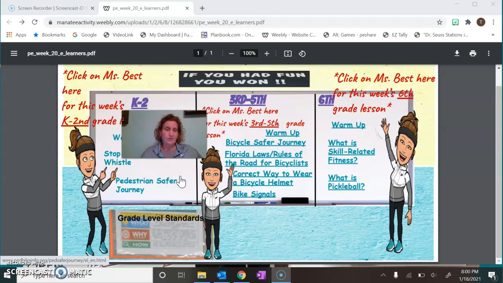If you need to go back, if you need to watch the video again, you can do that. Then throughout your house, practice being a pedestrian. Practice what you should be doing when you are a pedestrian, so that when you're out on the streets and you have to be a pedestrian, you can cross safely. Safety is our number 1 goal.